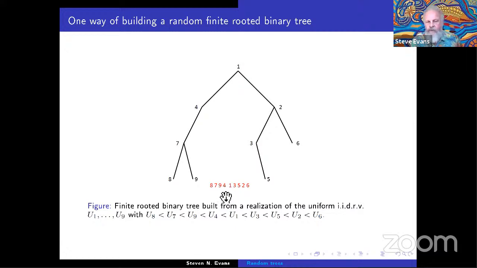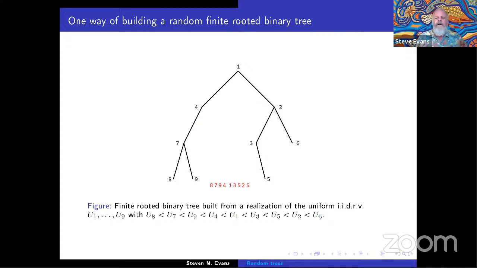Then we get an ordered listing of the numbers 1 up to 9, and then we could just build the binary search tree associated with that ordered listing of 1 up to 9, and we get a random finite rooted binary tree. So that would produce a realization of a finite rooted binary tree.